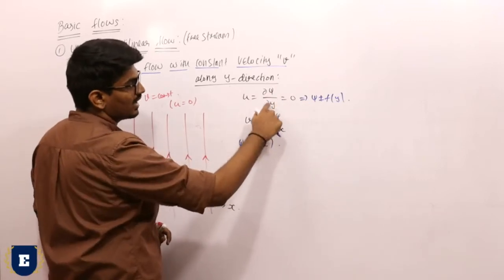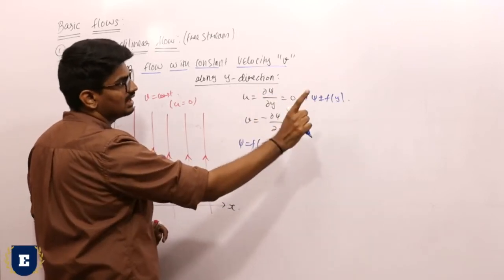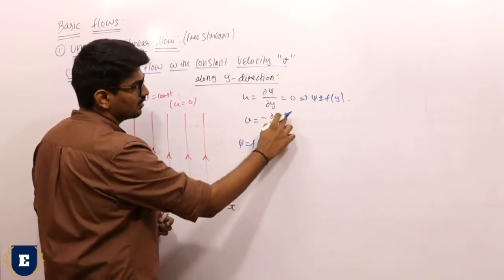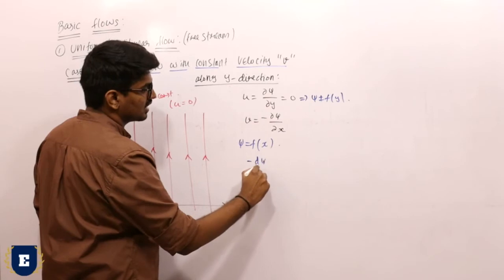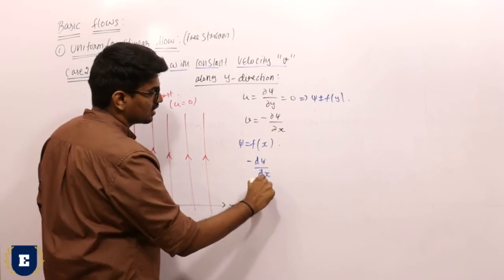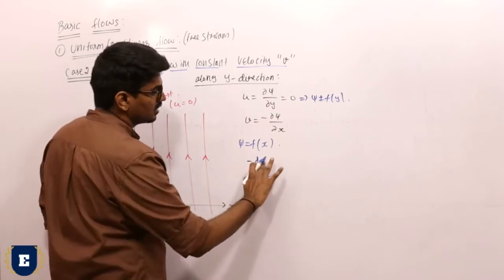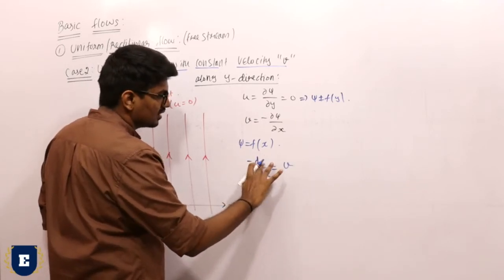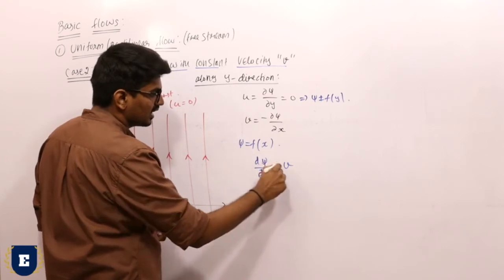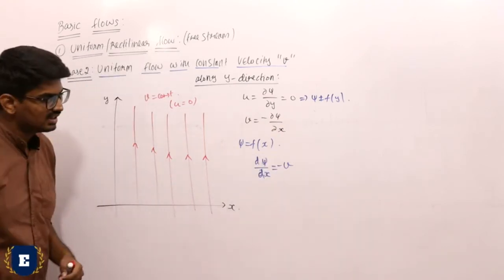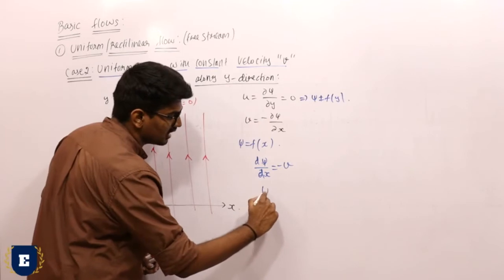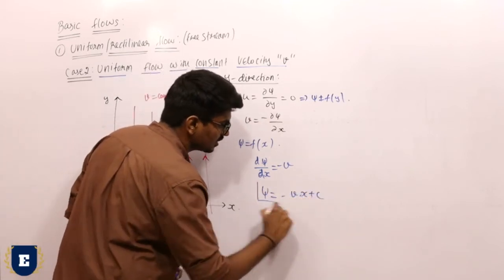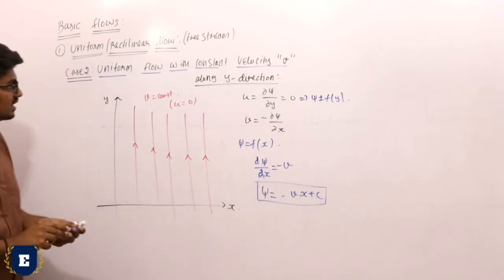Because with respect to y it is not varying. So it's a function of only x, so instead of dou I can write d: minus d psi by dx, which is equal to v. I will bring this minus to the other side. Now integrate it. V is a constant, so if I integrate it, psi will be equal to minus vx plus a constant. This is one equation. Let me write it.